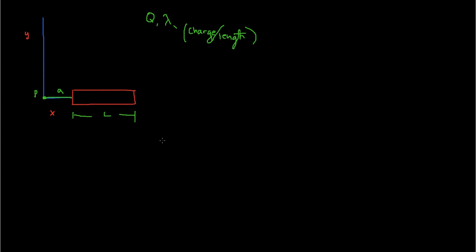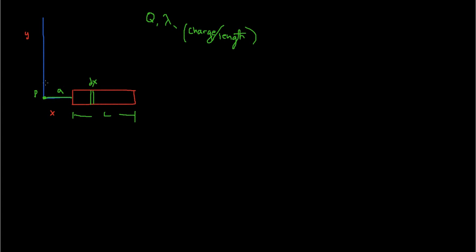So we need to break this up into infinitely small subsections. So we can break this up into an infinitely small subsection in terms of distance. We can call that dx.